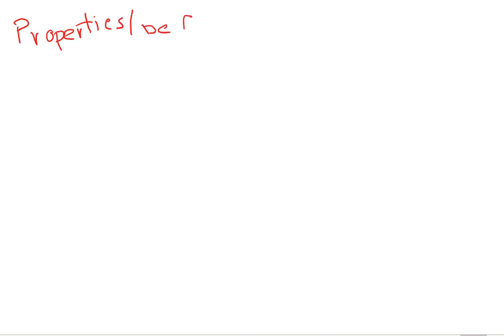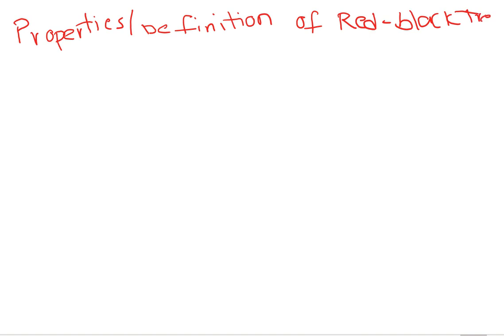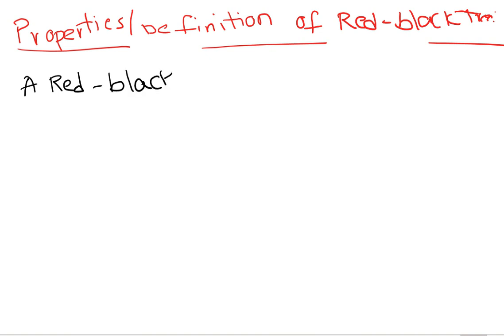Properties are the definition of a red-black tree. What we can say is a red-black tree is a binary tree.